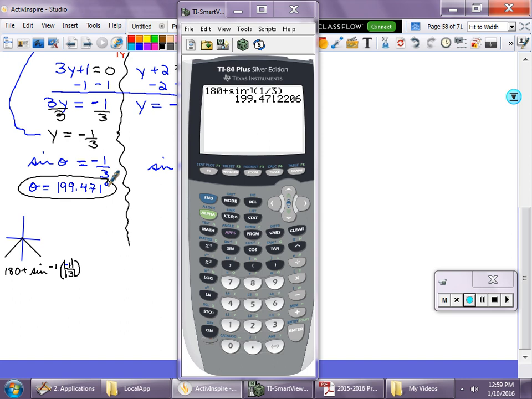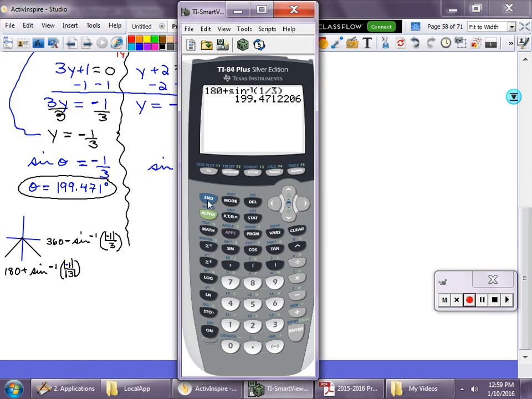And of course, there's another angle for theta, and the rule is 360 minus for the fourth quadrant. Sine inverse of 1 over 3. Again, for people who like to be exact, just put that value in. I could do second sine again, which I don't mind.